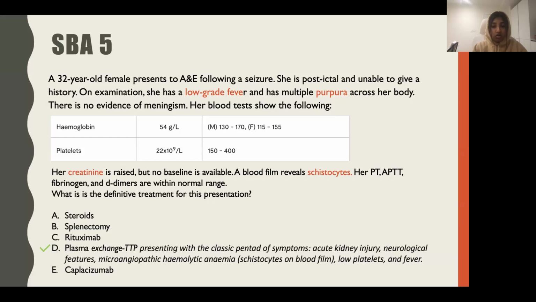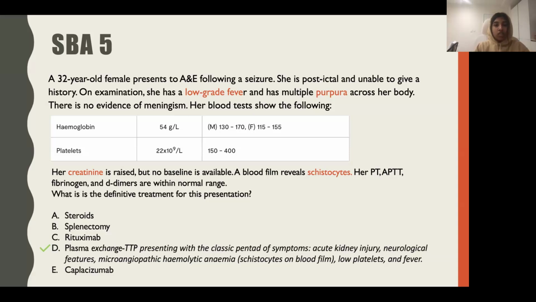Her platelets are low, and her creatinine is raised. And if your creatinine is raised, it is most likely caused by an AKI, right? And her platelets are low, and of course the schistocytes showing the microangiopathic hemolytic anemia, and her PT, APTT, fibrinogen, and D dimers are all within normal range.